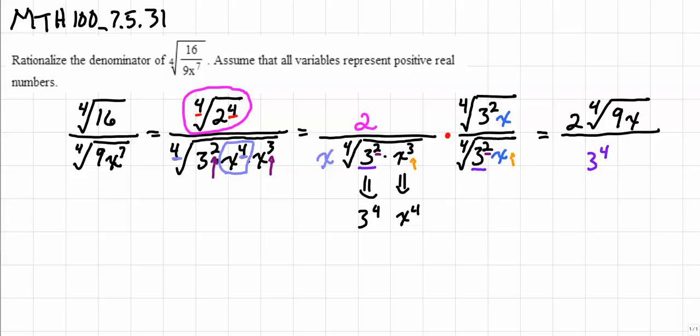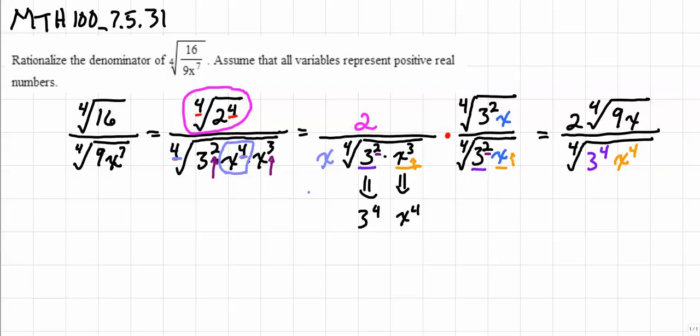And we will also multiply x cubed by x, which will be x to the 4th power. Remembering that these are still under the fourth root symbol. But now that I have a 3 to the 4th power and an x to the 4th power, I can go ahead and simplify them.